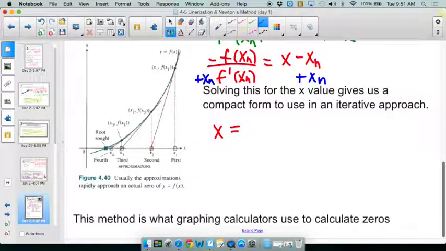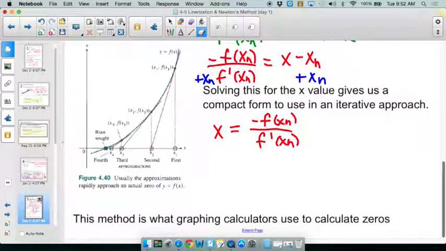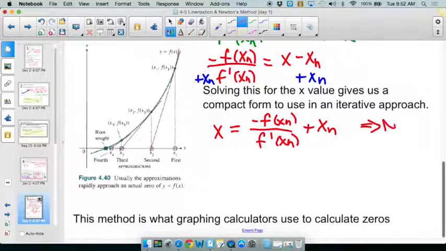So we end up having the value of the function over the derivative with a minus sign in front of it, and then plus x sub n. Okay, and this is something that's called Newton's method.